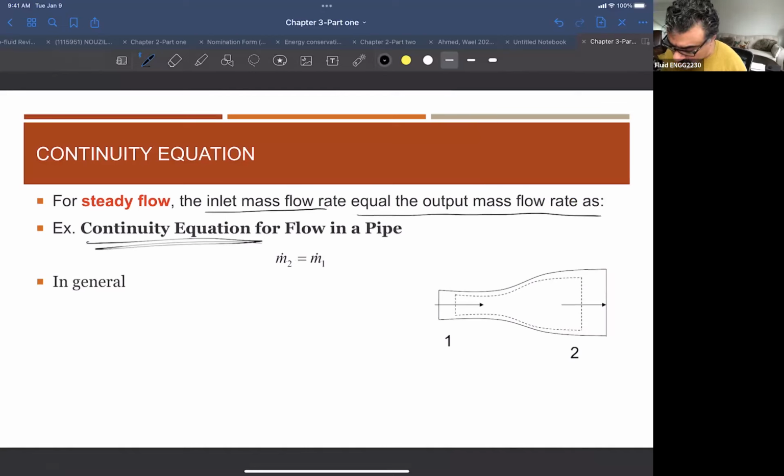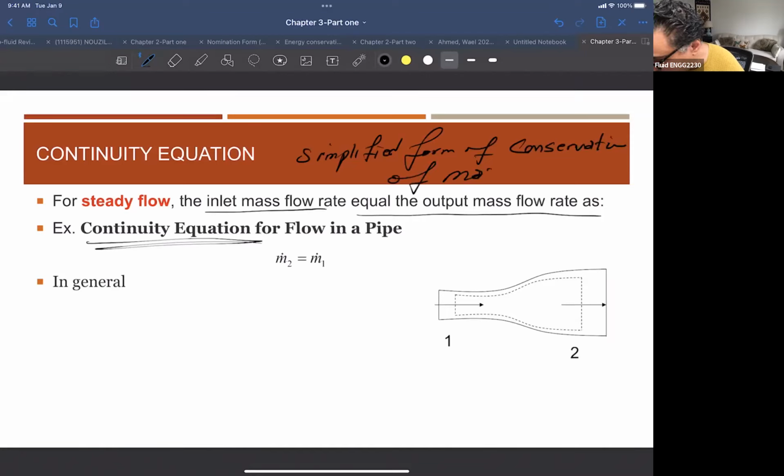So the continuity equation is a simplified form of conservation of mass, right? And why is it simplified? Because it is a steady flow, right?